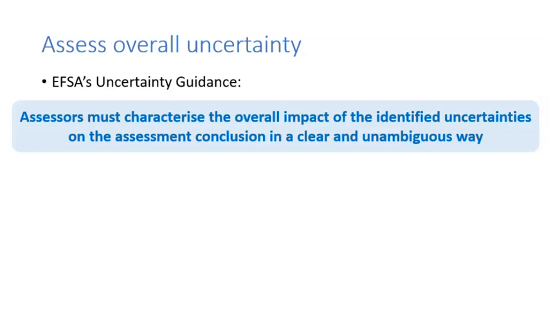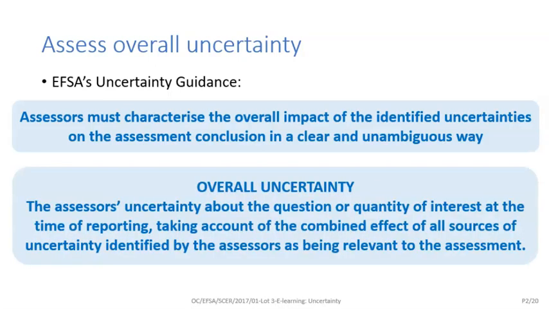Note that this recommendation refers to the overall impact of the identified uncertainties. The guidance refers to this as the overall uncertainty, which it defines as the assessor's uncertainty about the question or quantity of interest at the time of reporting, taking account of the combined effect of all sources of uncertainty identified by the assessors as being relevant to the assessment.